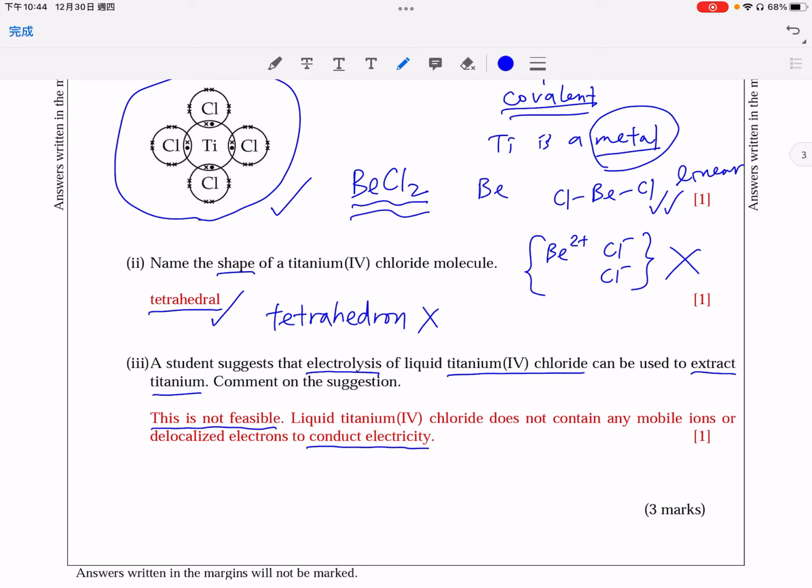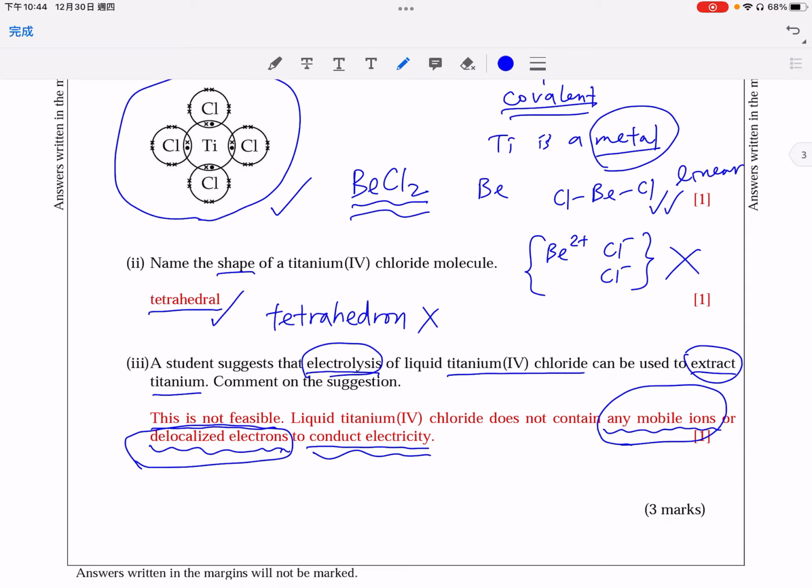The reason behind is there are no mobile ions and no delocalized electrons. So make sure you have the complete idea. No mobile ions and no delocalized electrons for this compound to conduct electricity. Therefore, you cannot extract the metal by electrolysis.